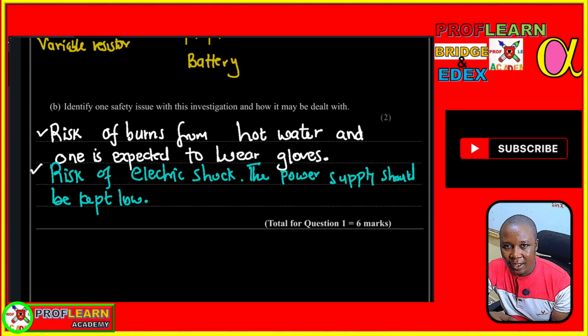If you are given a practical involving mechanical apparatus, where you have heavy masses, you have to protect yourself against those masses hitting your feet. So maybe you can wear protective boots, isn't it?